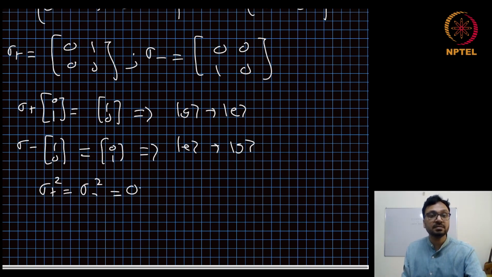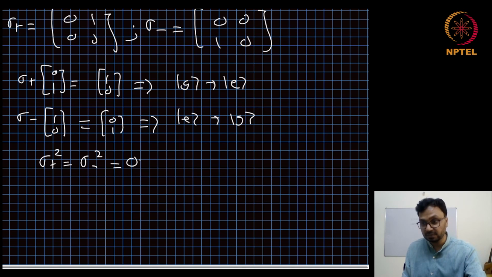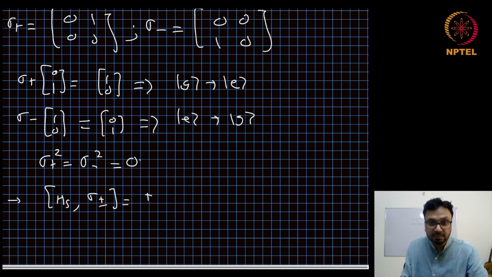So when we apply sigma plus or minus twice on any state, we just get zero. There is nothing on the other side. Another interesting property is that the commutator of the system Hamiltonian with sigma plus minus gives us plus minus omega naught sigma plus minus. In that way, sigma plus minus are eigenoperators of H_S.